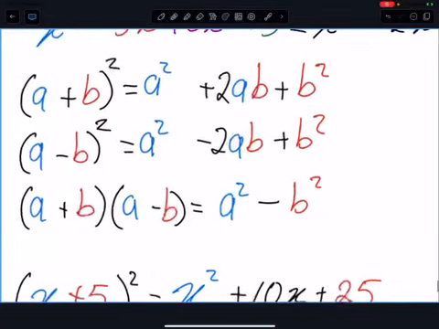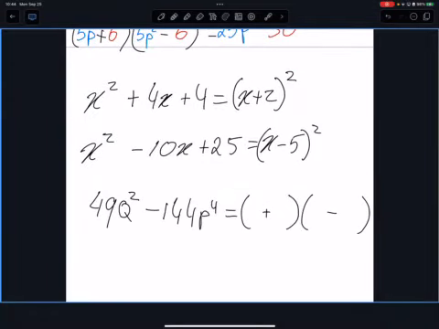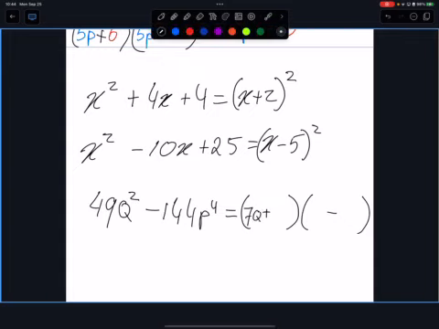A plus b, a minus b. So what do I need to do? The square root of everything. The square root of 49q squared is 7q. The square root of 144p to the fourth is 12p squared.